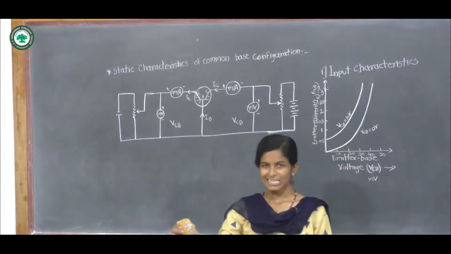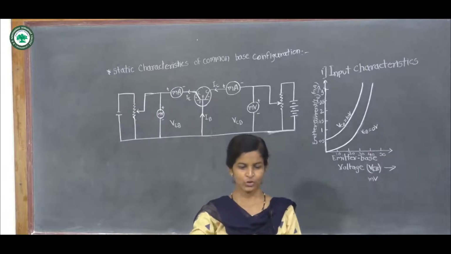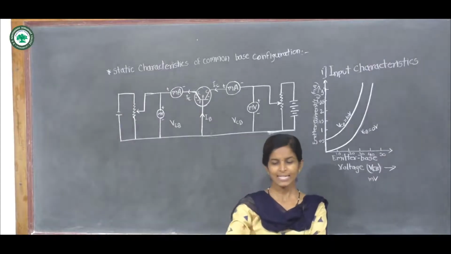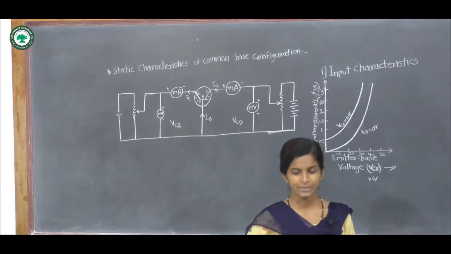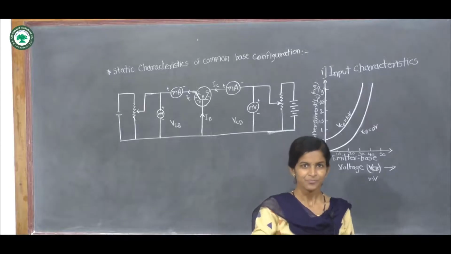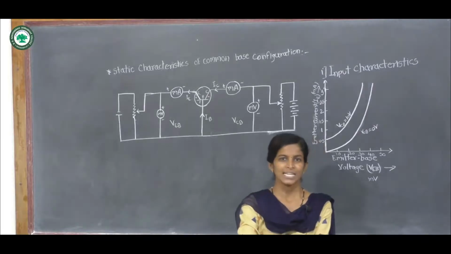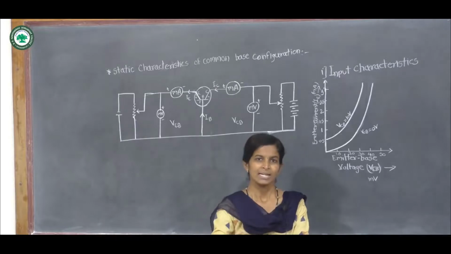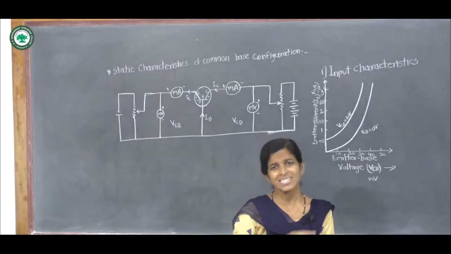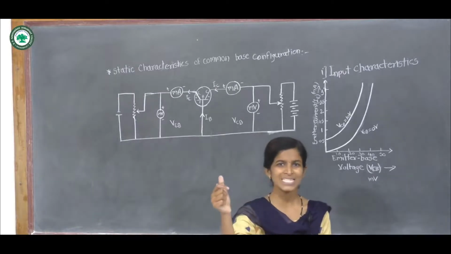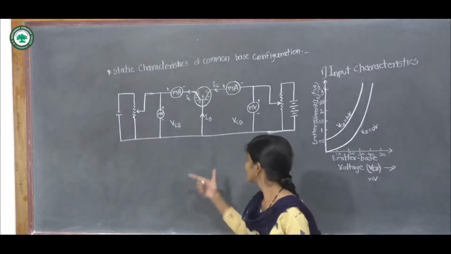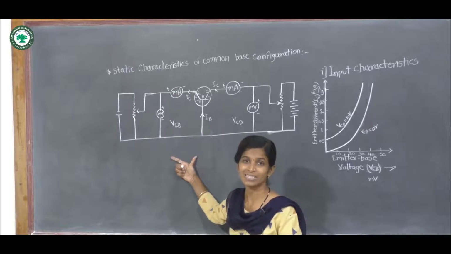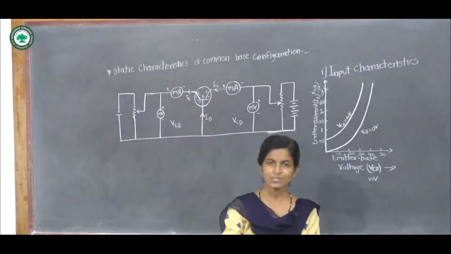It is observed from the input characteristic that IE increases rapidly with small increase in emitter base voltage VEB. As IE increases rapidly with small change in VEB, the input resistance for the input characteristic is very small.